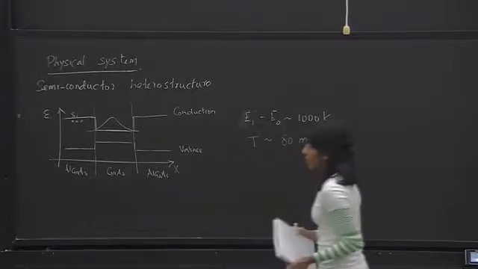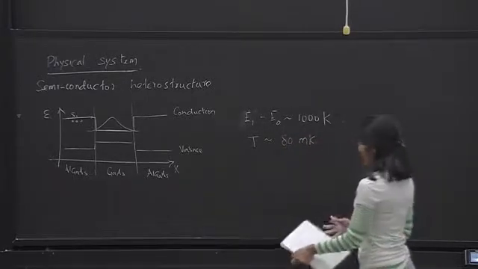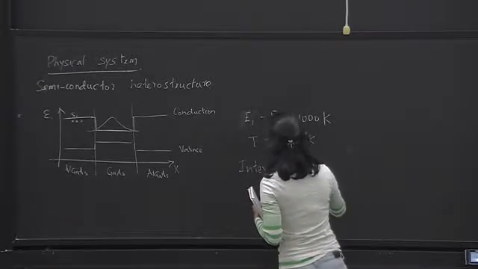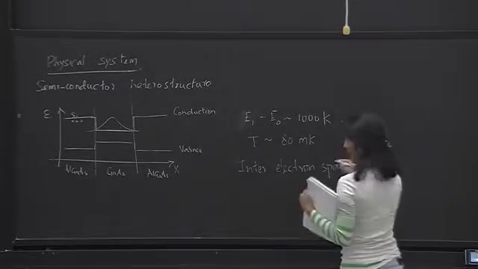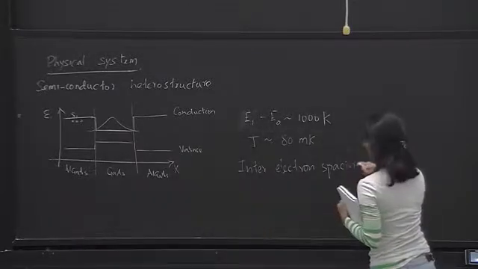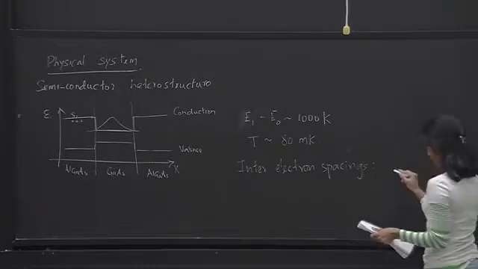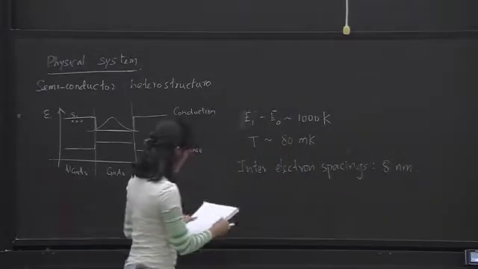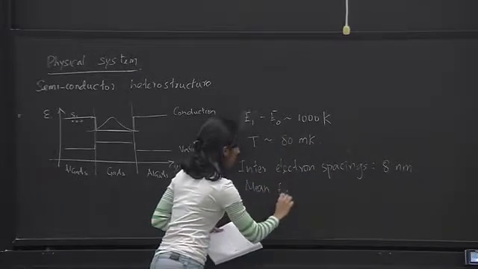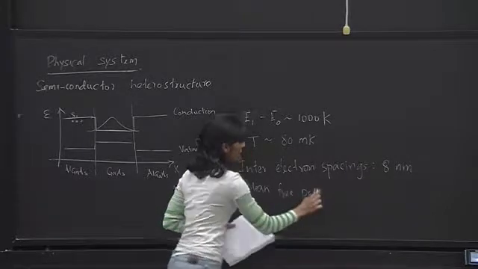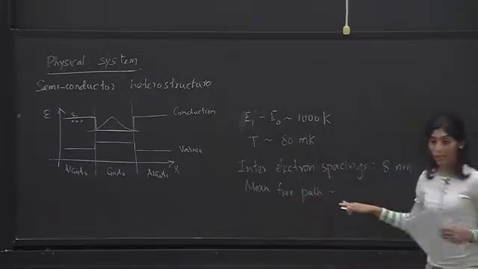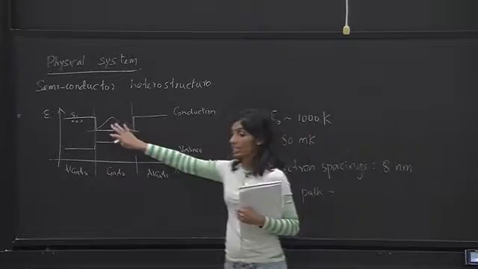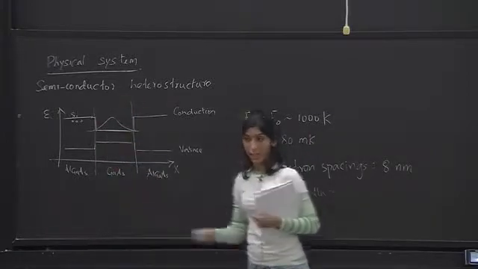Okay, so another remarkable thing about this setup is that the inter-electron spacing at the densities that they can have in this gallium arsenide layer is around 8 nanometers. But the mean free path, which is the path that an electron travels between scatterings with impurities, roughly tells you how clean this 2D gas is.